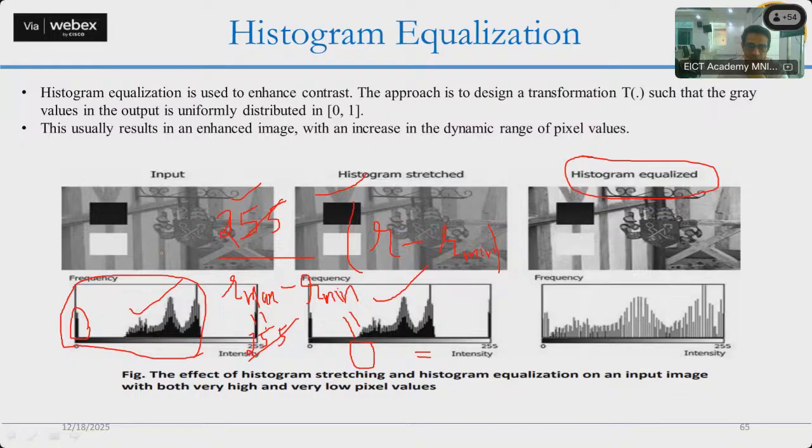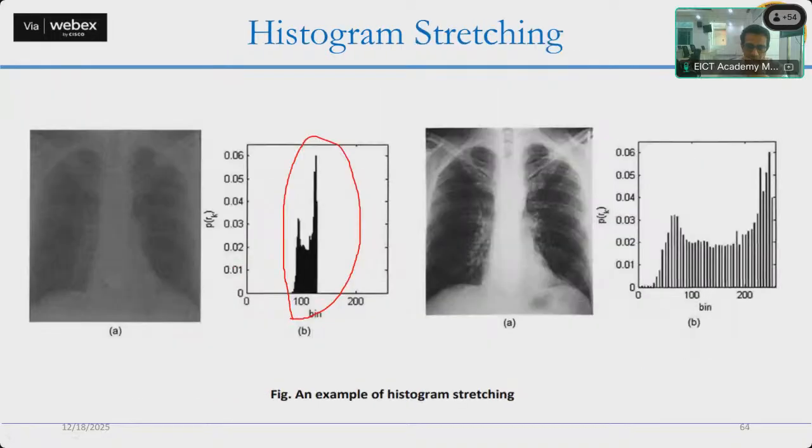Let's check out our other slide. Here, if you see in this slide, there is no exactly dark region, and nothing is exactly white. So I am very sure that histogram stretching will work.